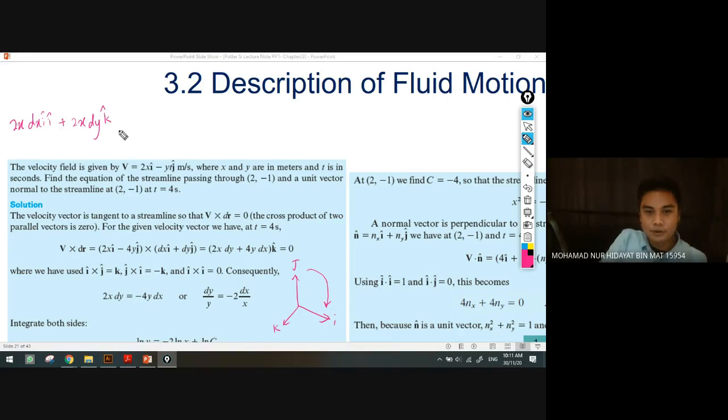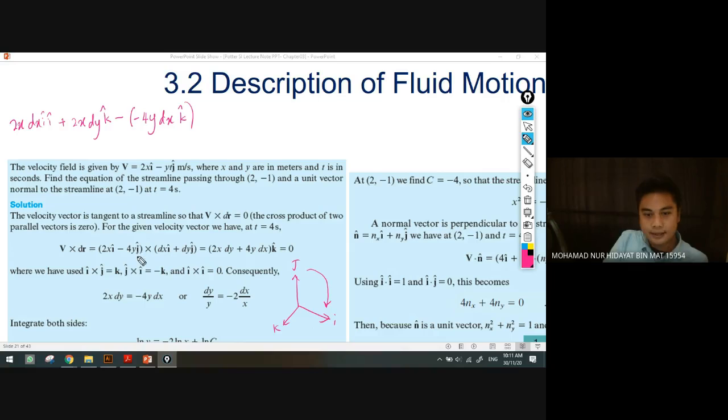Okay, so it is negative. Negative 4y multiply with dx. So it is negative 4y dx, k.